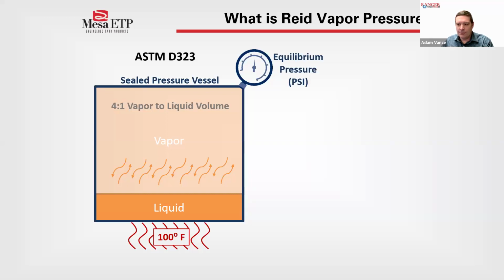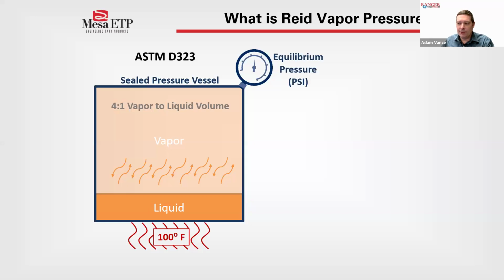This consists of a sealed pressure vessel of a certain volume that allows a 4-to-1 vapor to liquid ratio. That is 1 part liquid to 4 parts vapor volume. Then a specific temperature of 100 degrees Fahrenheit is applied to that pressure vessel. And in doing so, this method removes variables such as volume and temperature to get a consistent result.